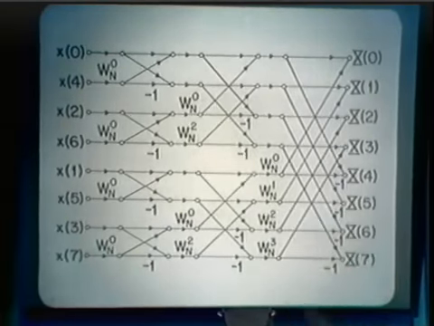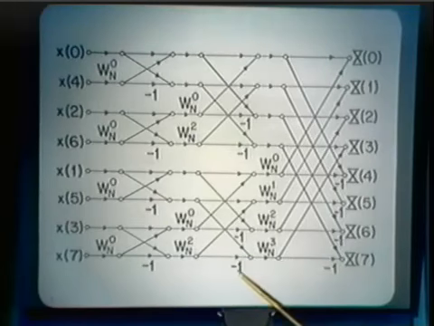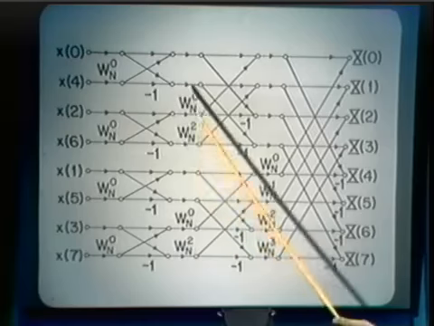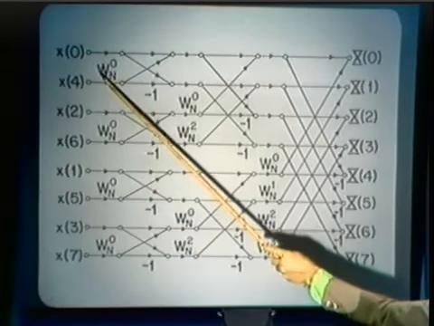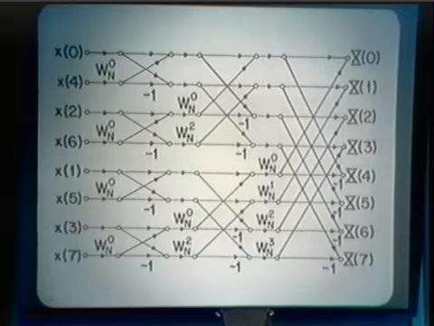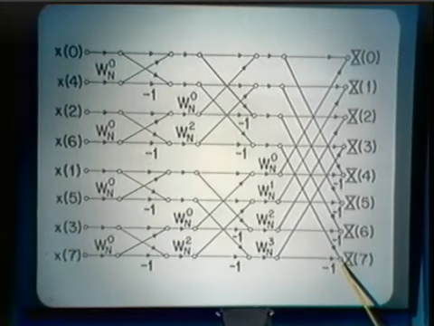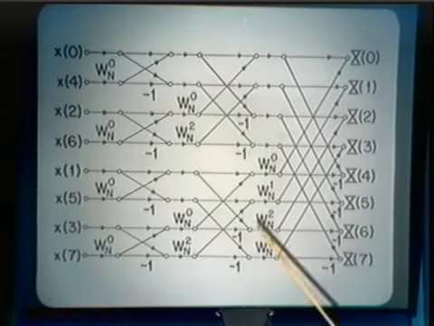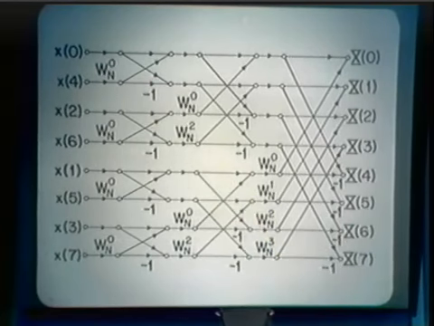When it's laid out in a sheet, we were able to apply some additional interpretation having to do with a way of organizing the computation from stage to stage, but it's important to recognize that if you take this flow graph, roll it up in a ball, as long as the right points are connected to the right points, then it still represents a computation of the discrete Fourier transform.